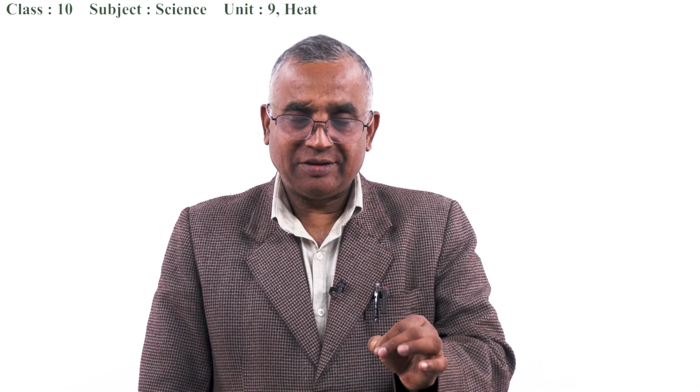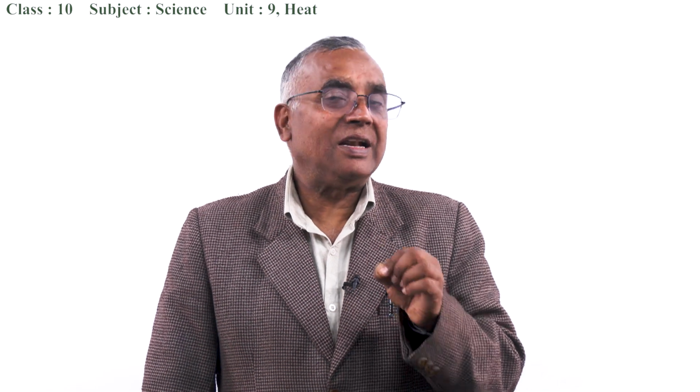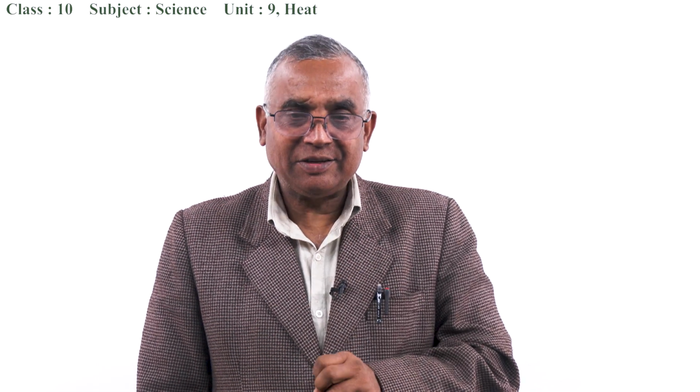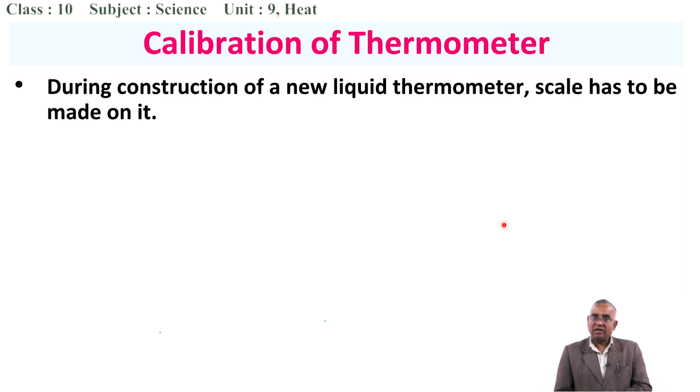So here we are not constructing any thermometer, we just have a constructed thermometer with us. So here we will understand how calibration of a thermometer is done. Consider the thermometer I am using is not calibrated, then how is it calibrated? Yes? Okay. So what is calibration of a thermometer then? During construction of a new liquid thermometer, a scale has to be made on it. Yes, we have to make a scale also, otherwise how can we know the temperature by using it?